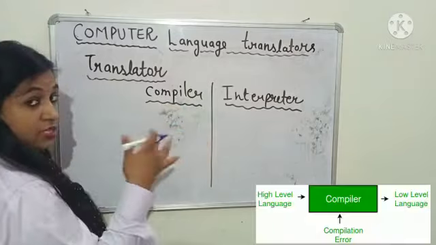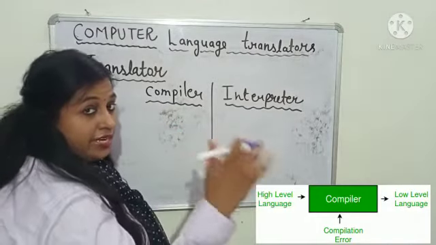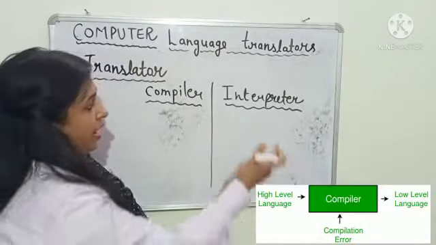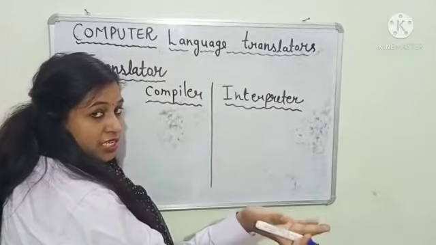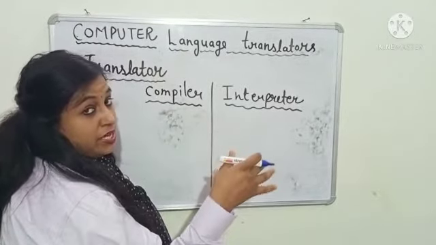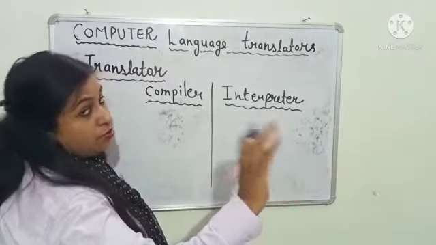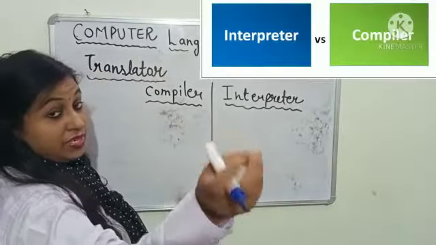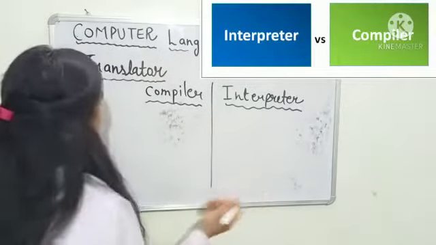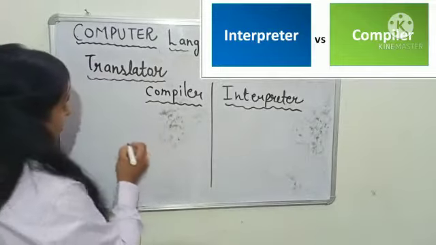Compiler is also a translator and converts high level language to machine code. And interpreter is also a translator, also a special program, and converts high level language to machine code. But what is the little difference? See carefully.